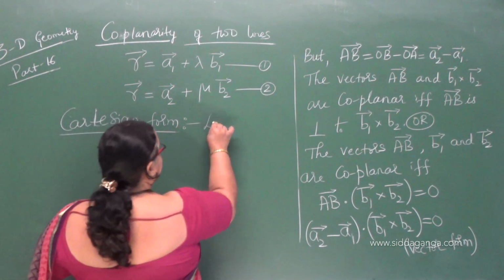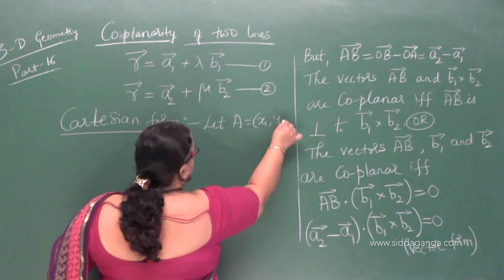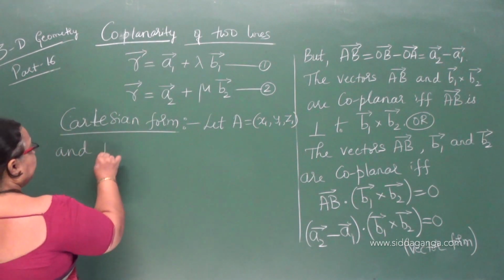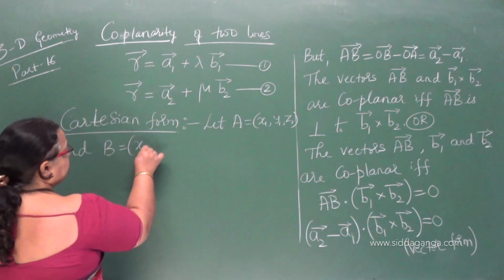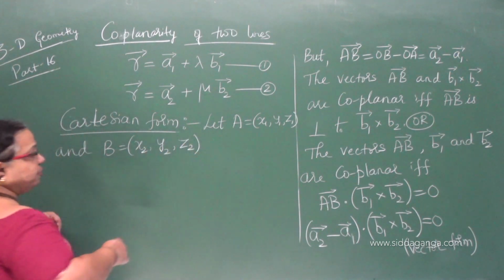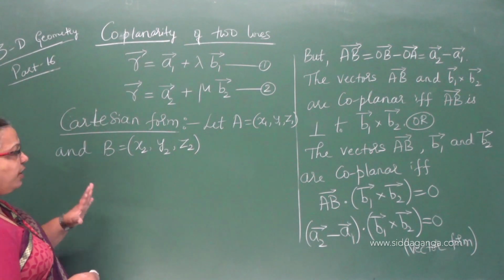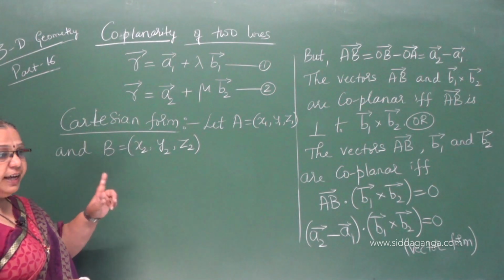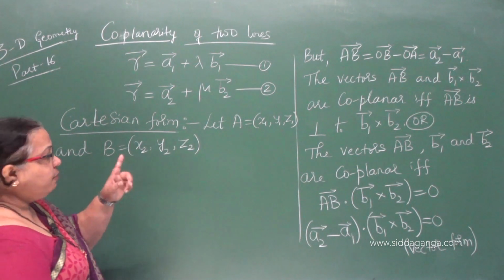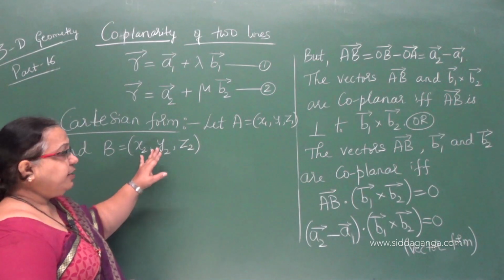So let A equal to x1 comma y1 comma z1 and B equal to the second point whose coordinates are taken as x2 comma y2 comma z2. So we have to take the coordinates of the points A and B. Since there are two points, take x1 y1 z1 and the other point x2 y2 z2.